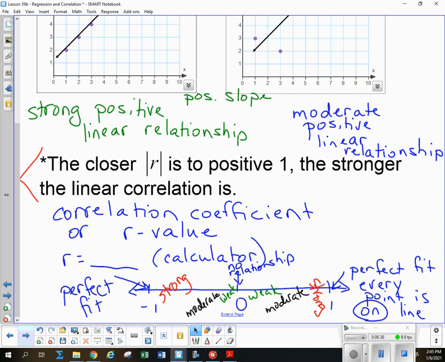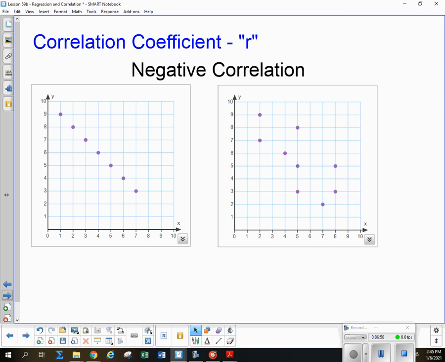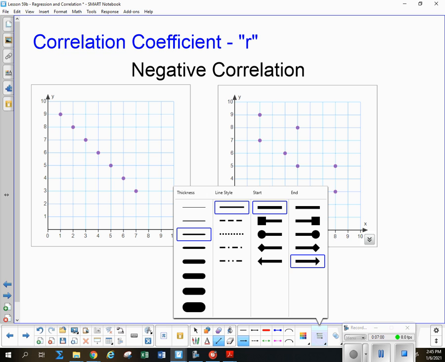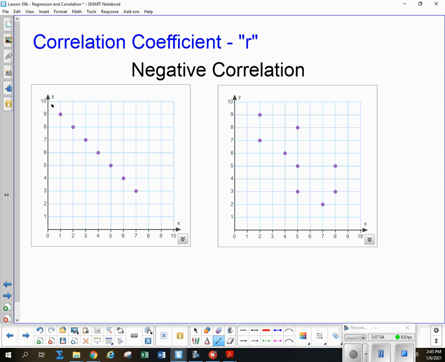But if the R is close to 0 or actually equal to 0, we don't have much of a connection at all with these. Now the difference between R being +1 and -1 is the difference in whether we have a positive or a negative correlation. You notice if you look at these, that it looks like my line would be going down.